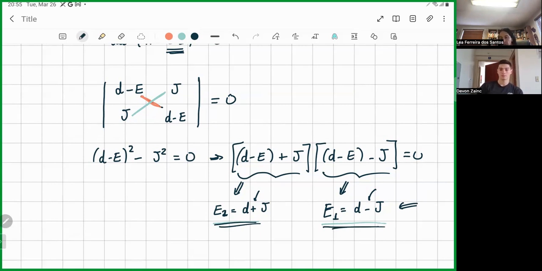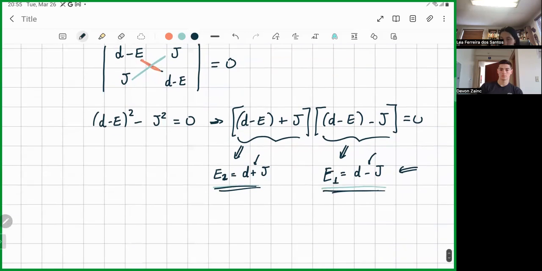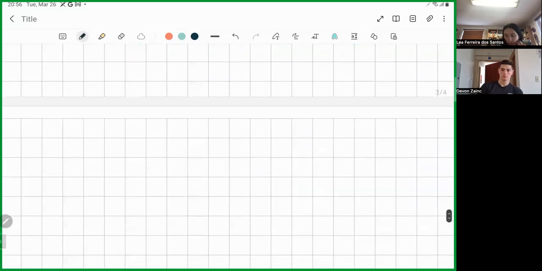Just like this is probably my ground state and this is my first excited state. Good, but that's not the end of the story, right? Here we just found the energies. We still need to find the associated eigenstates, what eigenfunctions. I have to find this eigenstate and this other eigenstate. How are we going to do that? If we have the energies, we just have to go back to our equation.